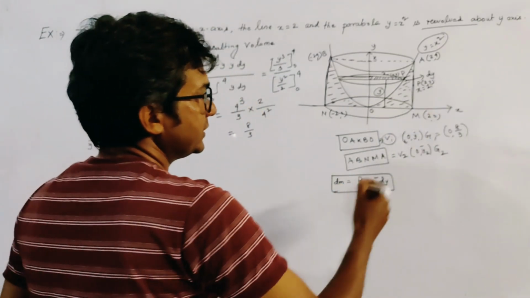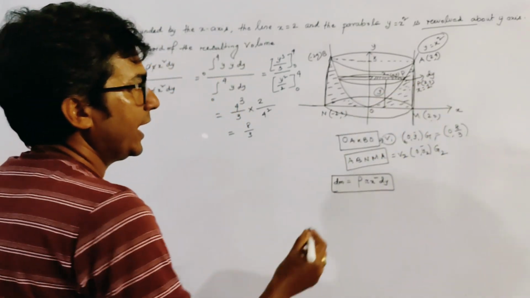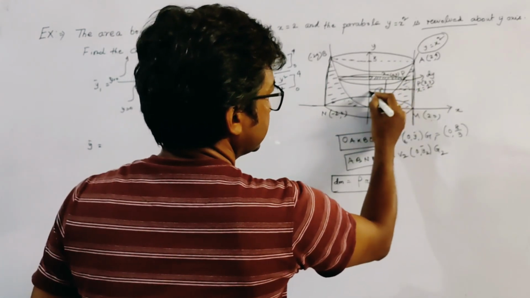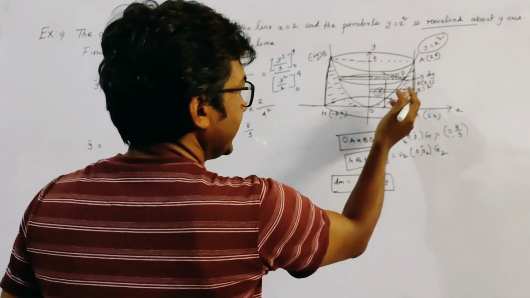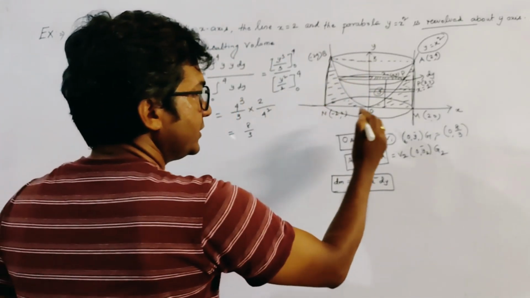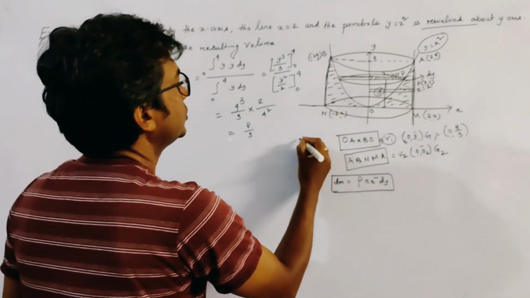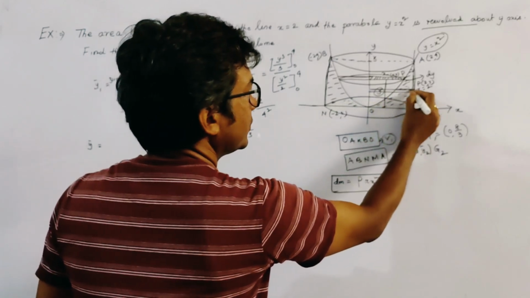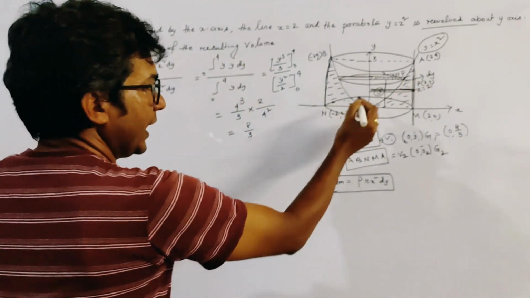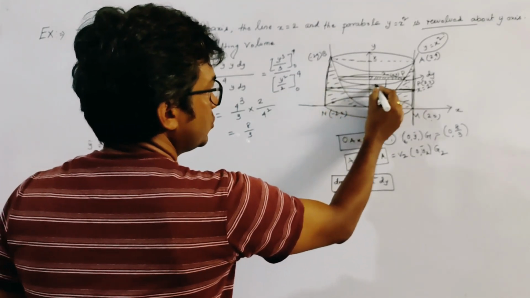Because this is the line x equal to 2, it is given, and if we consider a strip here, and if this strip be revolved about y-axis, then the radius of this strip is x equal to 2 here, because the point is taken on the boundary, and this ring shape volume looks like that.